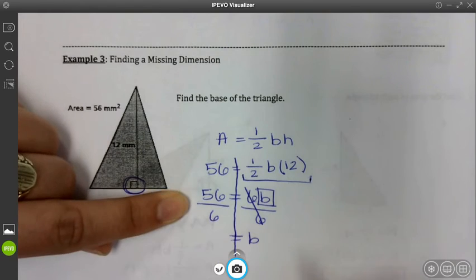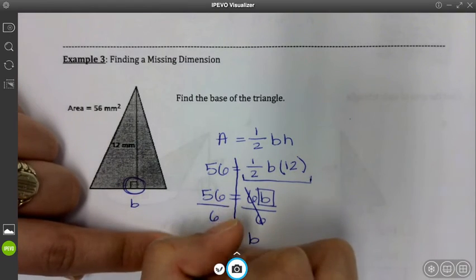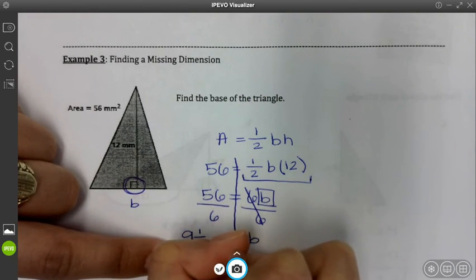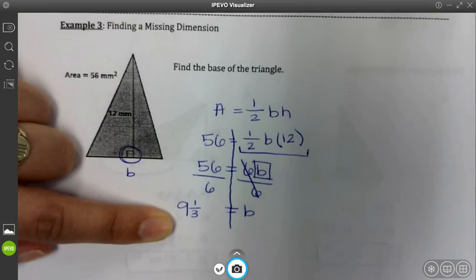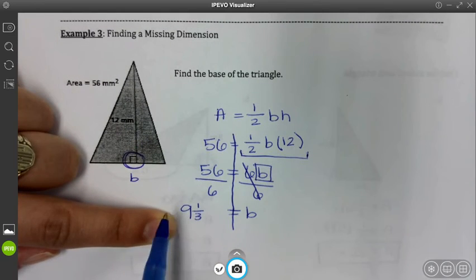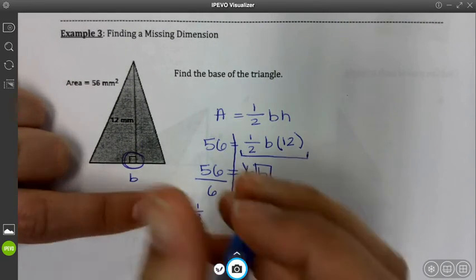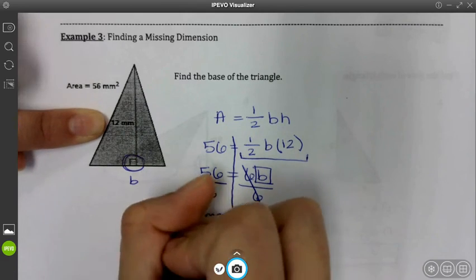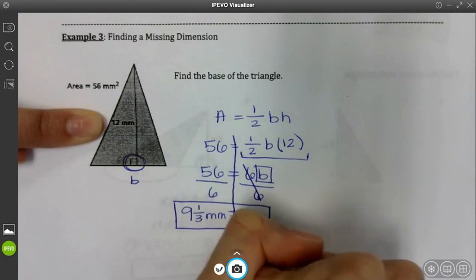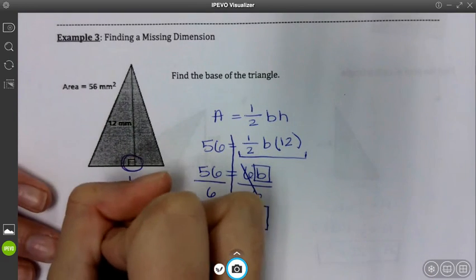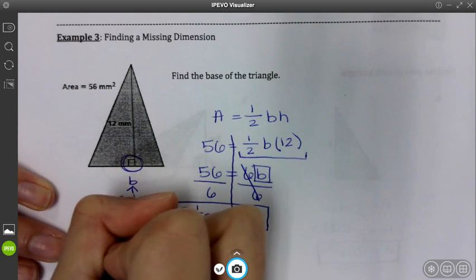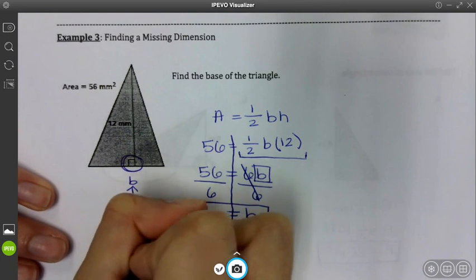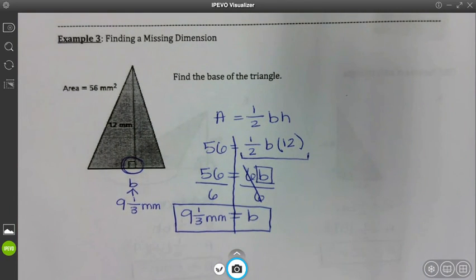And this is an improper fraction, so we're just going to make it a mixed number, 9 1/3. And we have to label it. This is not area, this is just representing the base, so we're going to label it with millimeters. You shouldn't put squared. So that tells me that my base is 9 1/3 millimeters. And that is the end of the 7.2 notes.